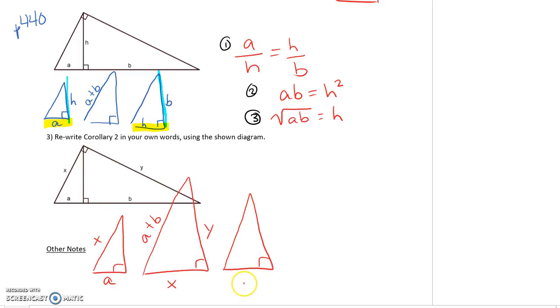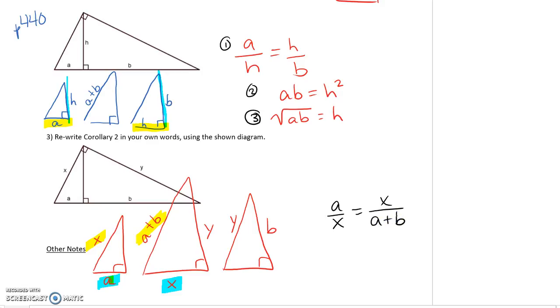I don't know this, B, and this is Y. Okay, so corollary 2 tells me, notice that X goes with A plus B, and that A goes with X. So A over X equals X over A plus B.